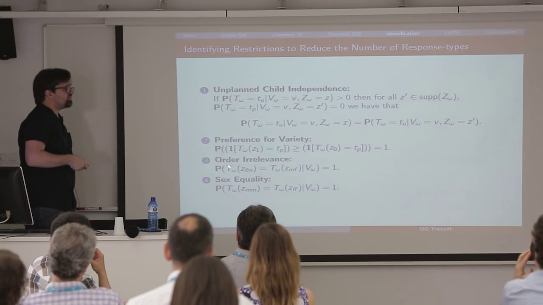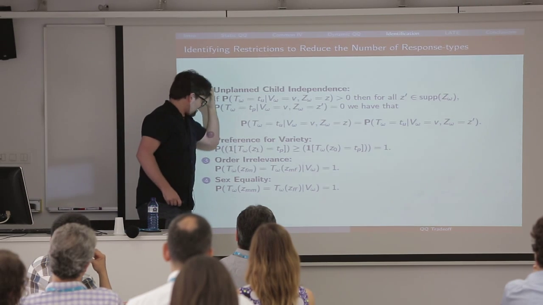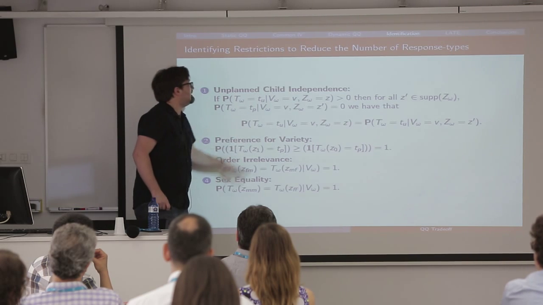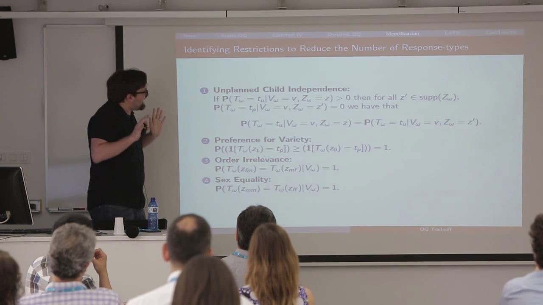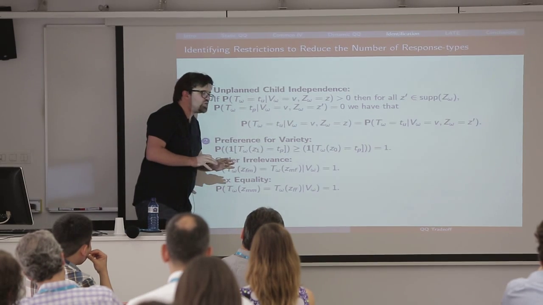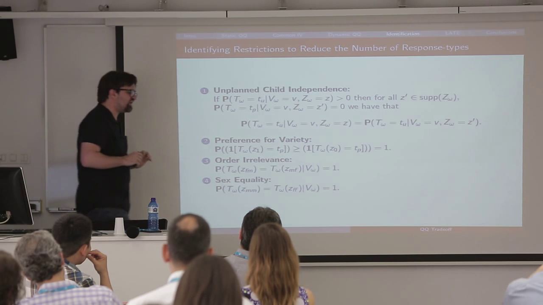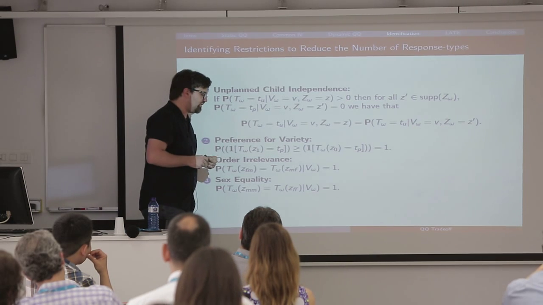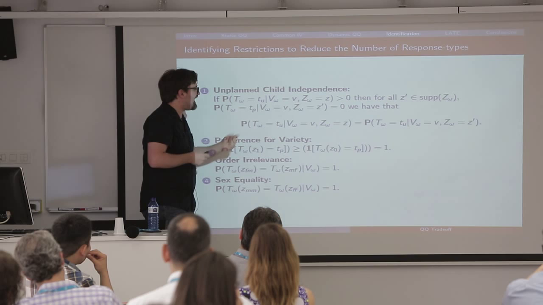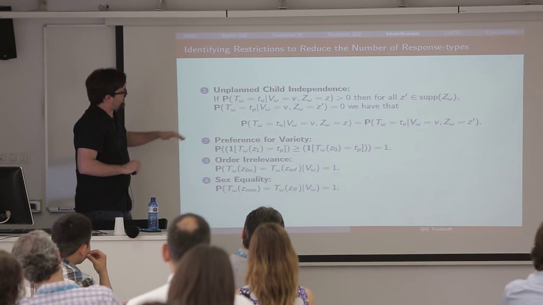So we impose 4 restrictions. This comes back to what Costas was talking about. We call the first one unplanned child independence. We say the probability that you have an unplanned birth, conditional on trying not to have a second birth or a third birth, is independent of the same-sex instrument.